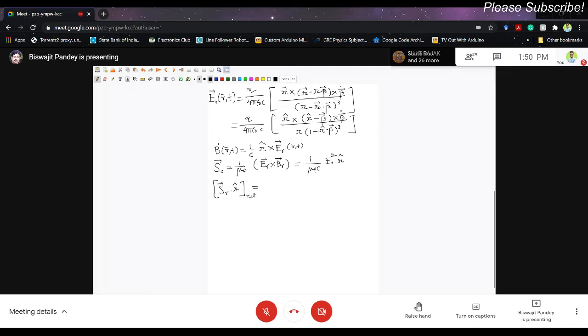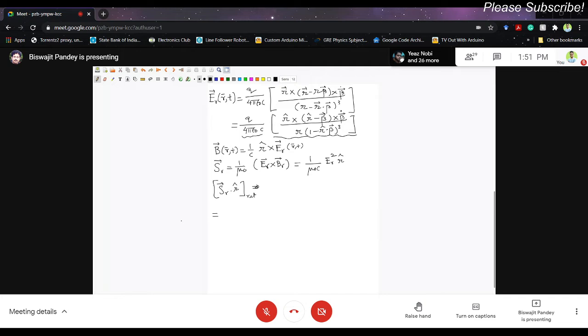So let us write that down. You can simplify this by E_rad square, meaning the square of this whole thing, right? So maybe I should write it here. If you simplify this, just simply square it, you will get 1 over 4 pi epsilon 0 squared times 4 pi c.